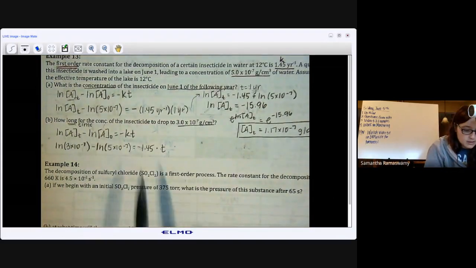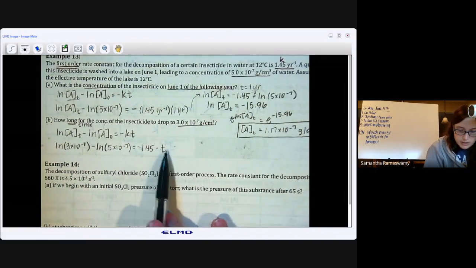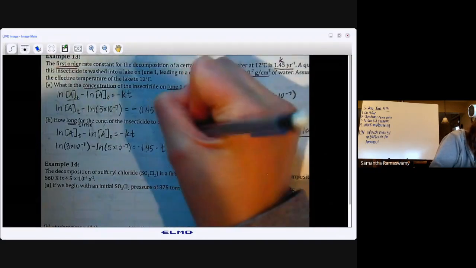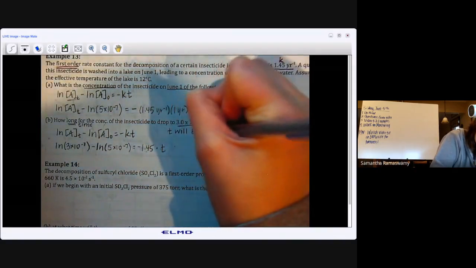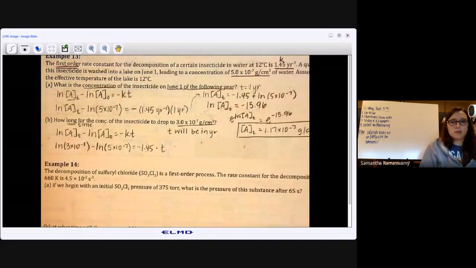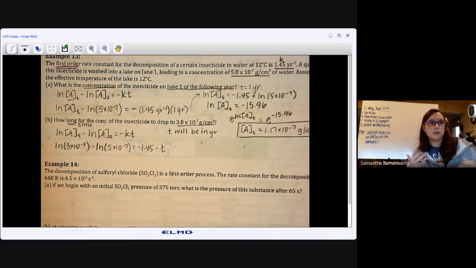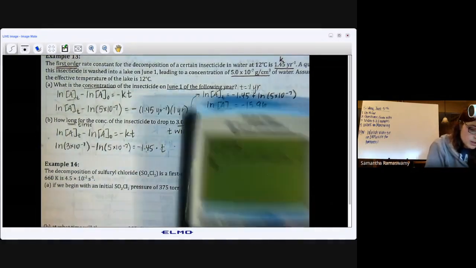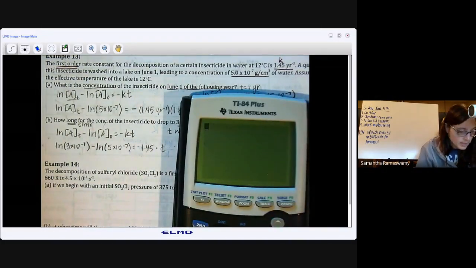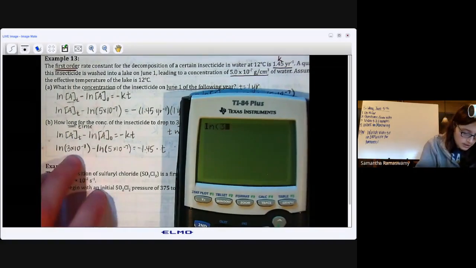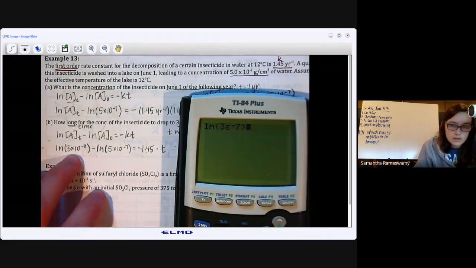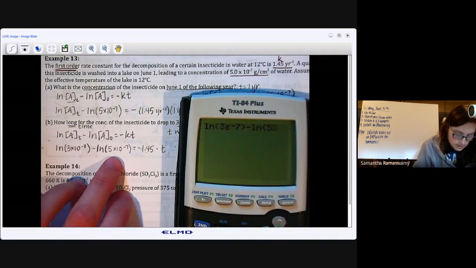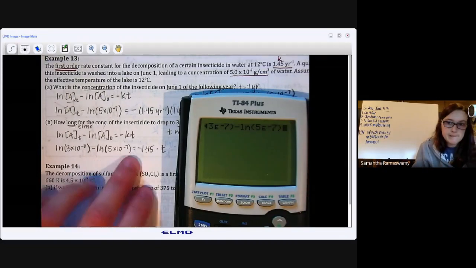Now remember that your time unit will match up with your rate constant. So t will be in years. Time should be days, seconds, hours, minutes, years. That's time. So if I solve, here's what it will look like in my calculator. ln of 3e negative 7 minus ln of 5e negative 7 equals.